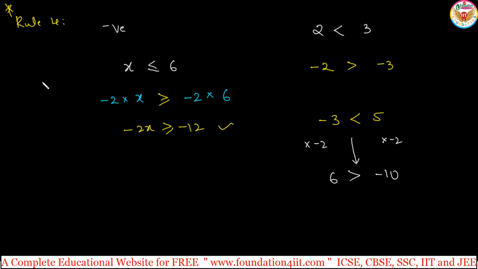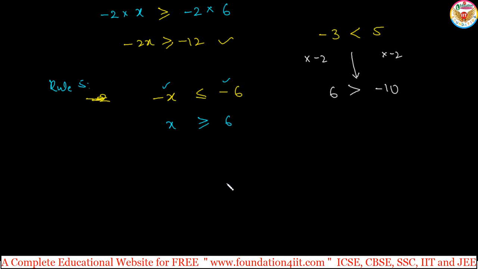And when you come to rule 5, if the sign of each term on both sides of the inequality changes, for example minus x is less than or equal to minus 2, then changing the sign of both sides makes both negatives positive, so in this case also the inequality sign should be changed. In case both are negative and you change the sign, the inequality sign should be changed.